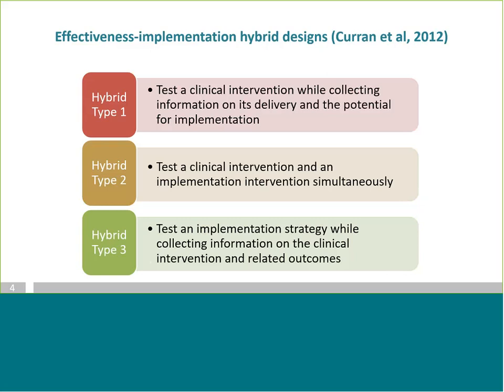If you had two different possible implementations, then you'd have to have a three-arm trial. If you found no difference in effectiveness between the two implementations, you might just combine them and compare that to the control to assess effectiveness.